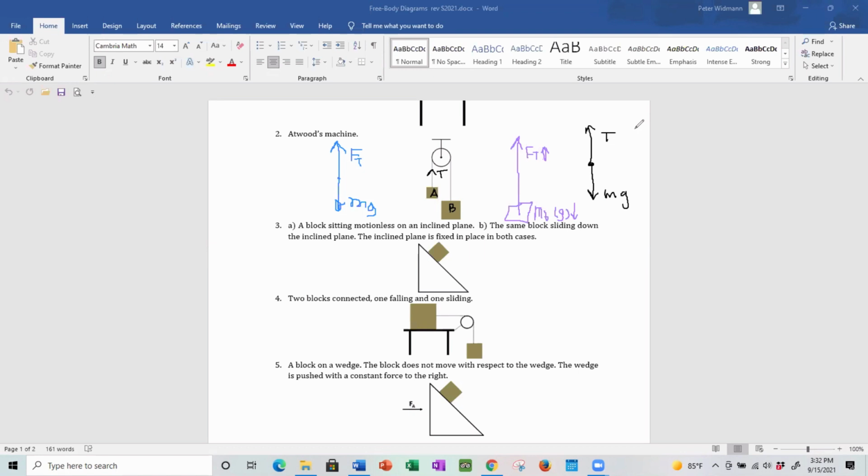Okay, Benjamin. For both, there is an equation of constraint that links the motion of block A to the motion of block B. So can you tell me what the equation of constraint is? Or you can just describe it in words.